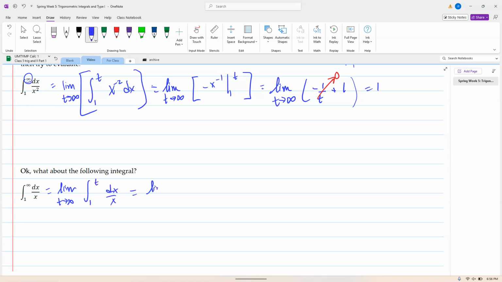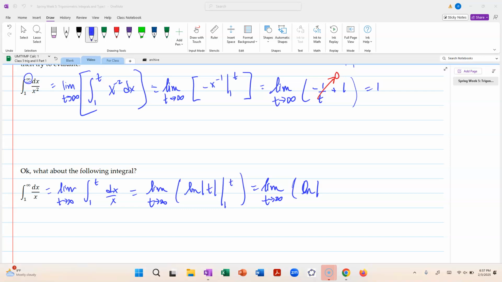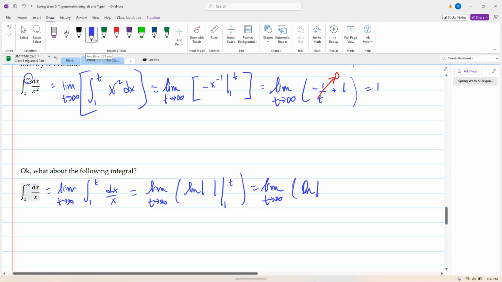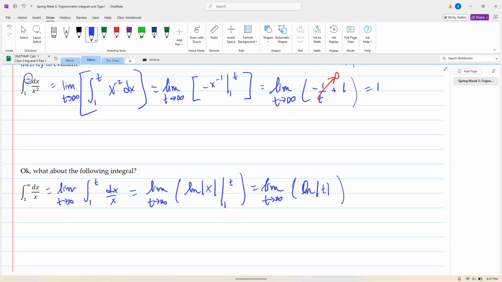This would be the limit as t approaches infinity of the natural log of the absolute value of x, evaluated at 1 and t. So then this is the limit as t goes to infinity of the natural log of the absolute value of t minus the natural log of 1, which is 0.